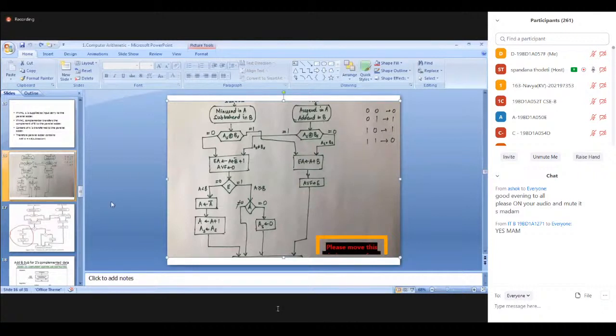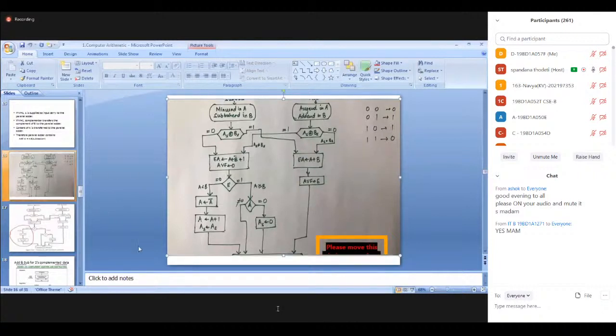Now, if you remember the addition table, whenever I am performing the addition, if the signs of the two numbers A and B are the same, here on AS and BS, if you perform the XOR operation and you get the result as 0, what does it mean?